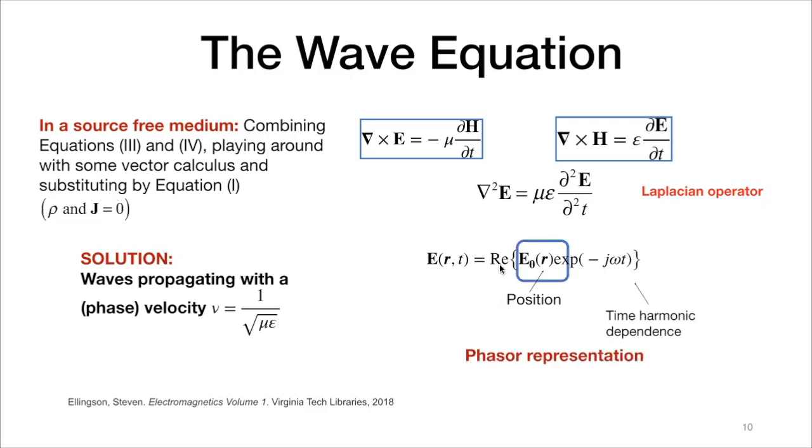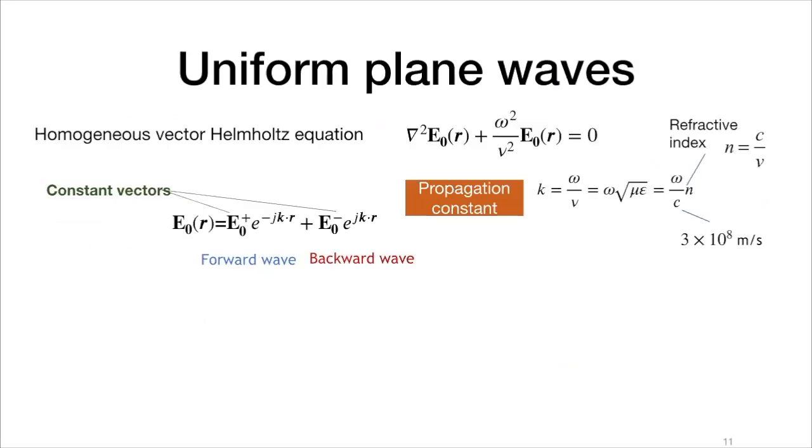Now, what is especially important for us is this part of the solution, which is the position-dependent or space-dependent solution or amplitude, that is E node of r. And we call that the phasor representation of the field. The phasor representation can be solved for after we simplify the equation by dropping the time dependence, replacing the derivative with time by minus omega squared.